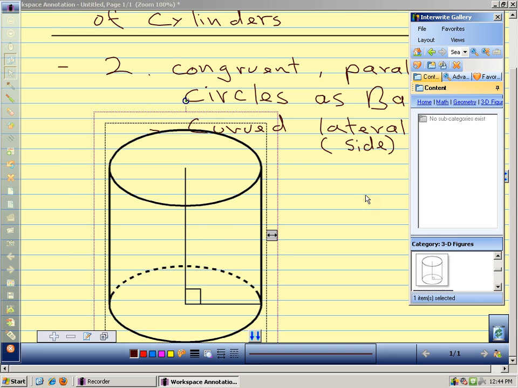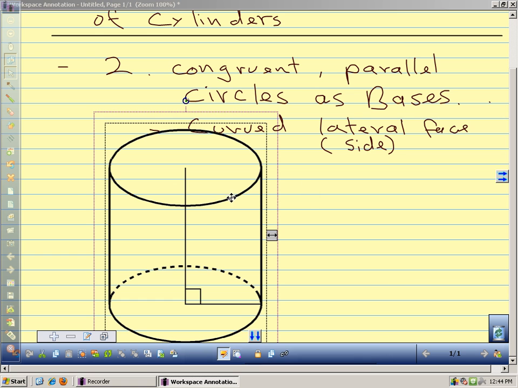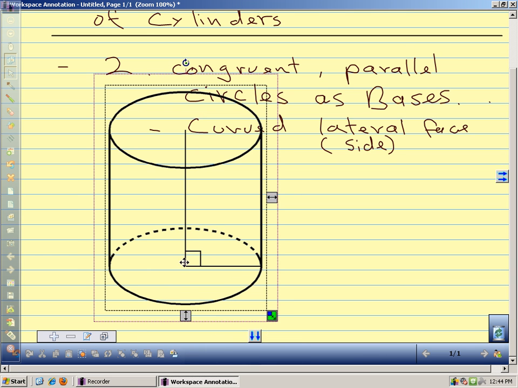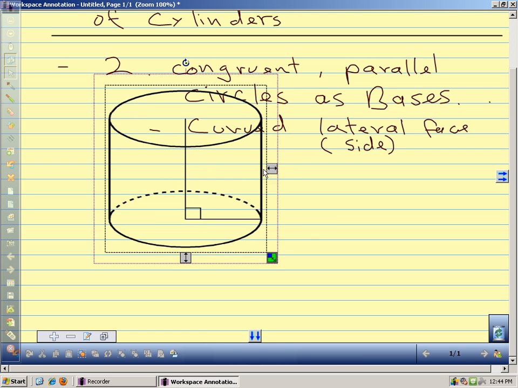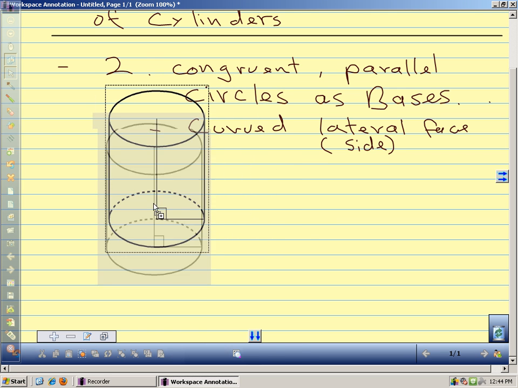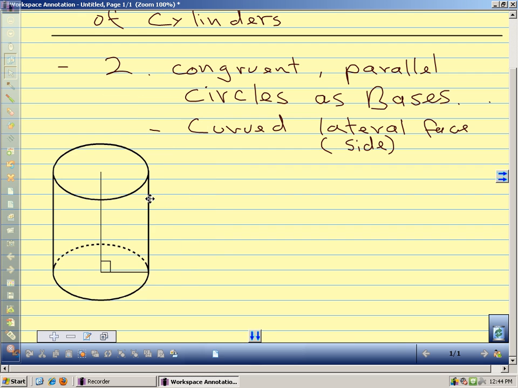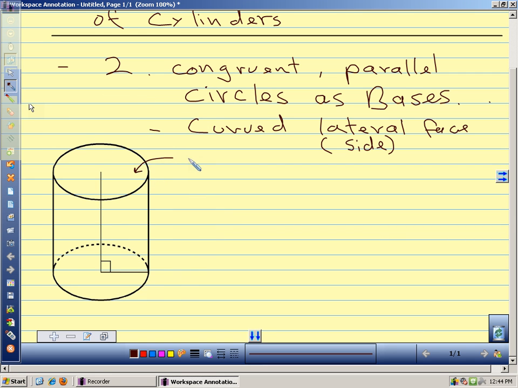There we go. So there's my cylinder. Shrink it down a little bit. So the circles are our bases. So we have a base, and this is a base.